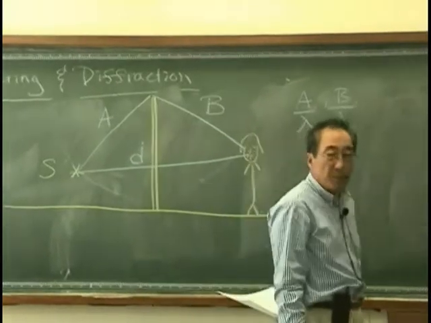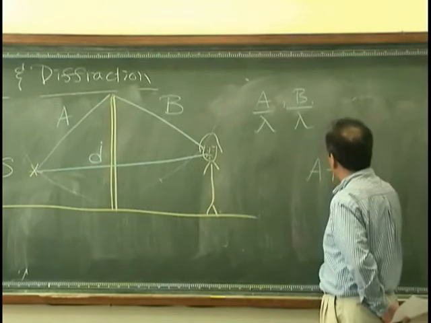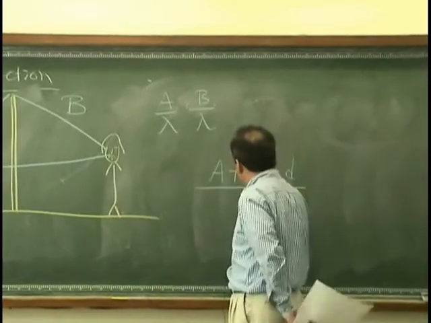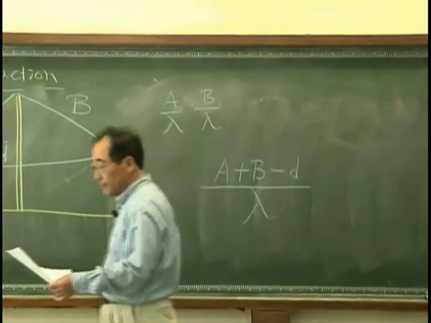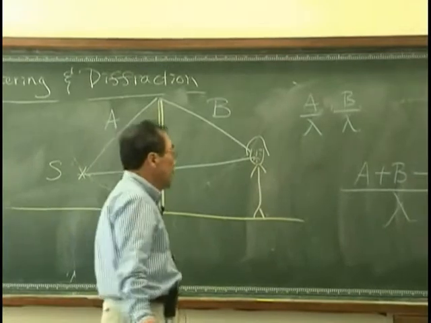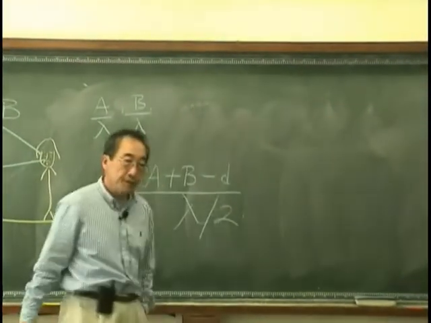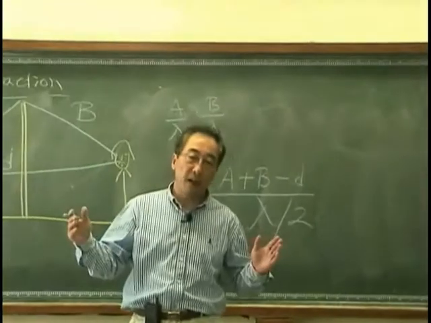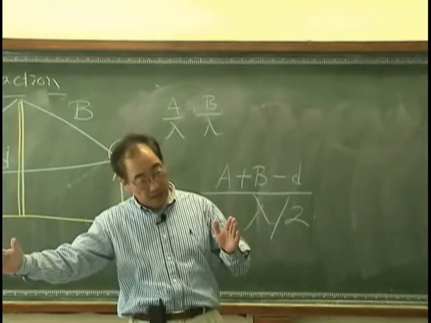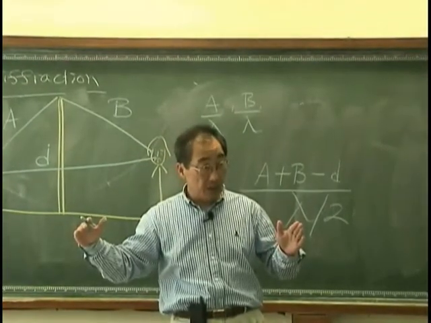And Fresnel lambda simply measures A plus B minus D divided by half lambda, because half lambda certainly expresses maximum and zero, right?